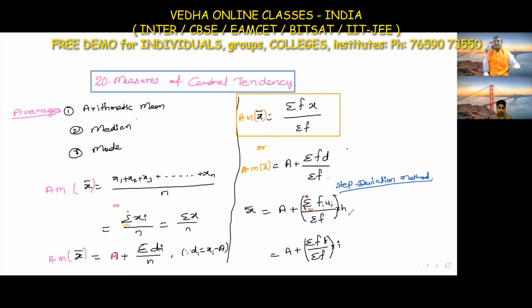Here h is the class interval, ui is the difference, f is the frequencies, a is the assumed mean. Or otherwise, the same thing we can write as a plus sigma f into t divided by sigma f, into i. Here t is the difference and i is the class interval.